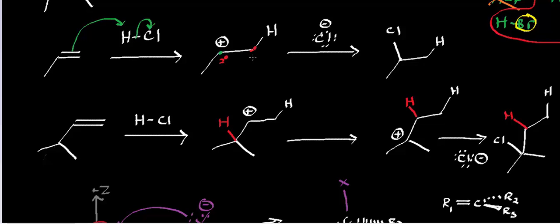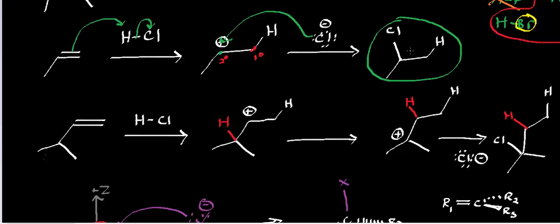If it actually formed here, it'd only be primary. So that means it will preferentially form at the highest degree carbocation, and then there won't be a rearrangement, and then we can get chloride to attack there at the carbocation, and that's why chloride forms here and hydrogen goes at the other carbon position right there. Okay, so hopefully that's making a little bit of sense.